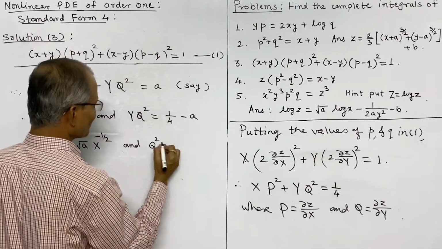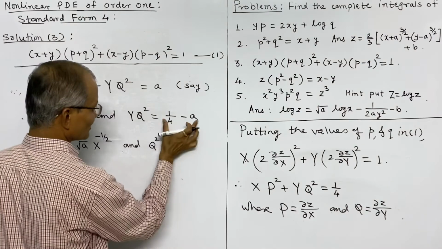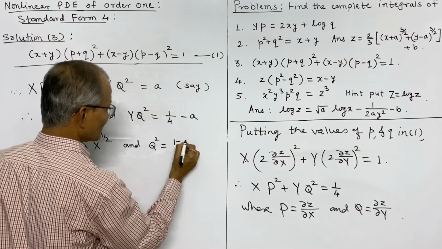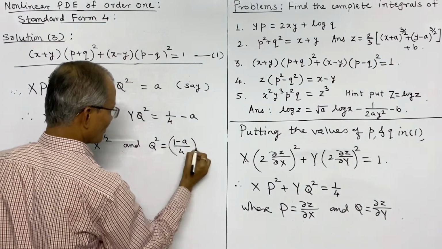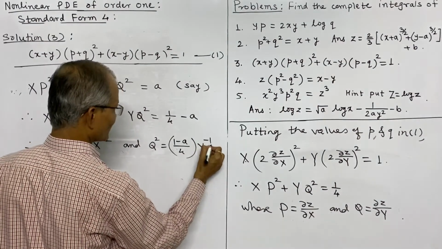Q square will be, this y will be on this side, and subtraction of this is 1 minus A divided by 4 into y to the power minus 1.